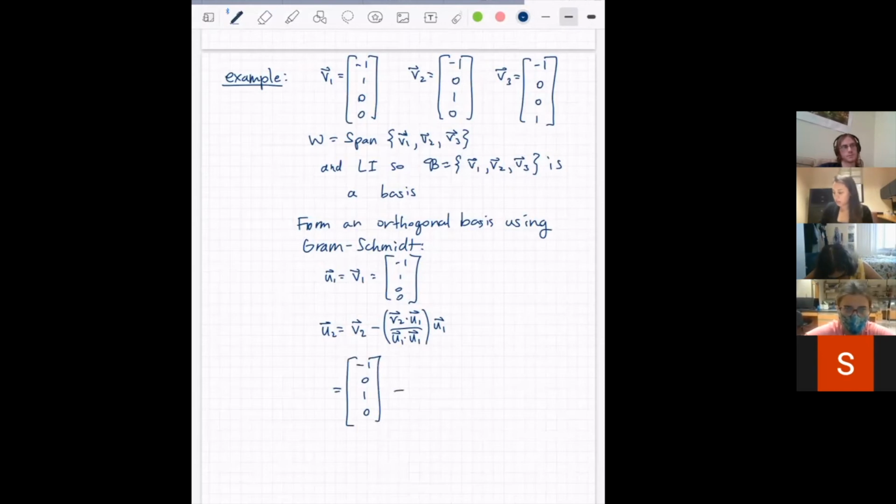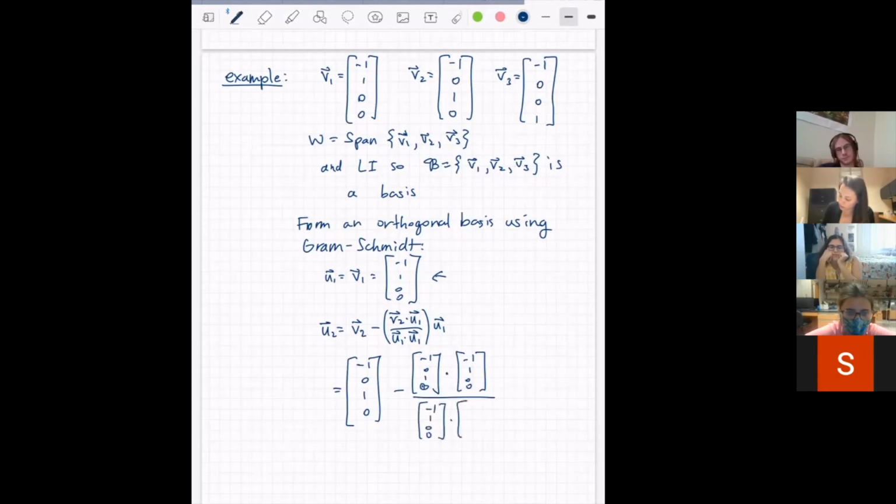And then we take V2 dot U1, which is right here. So, okay, I'll write it out. So it'd be minus 1, 0, 1, 0 dot minus 1, 1, 0, 0 over that dotted with itself times this vector.